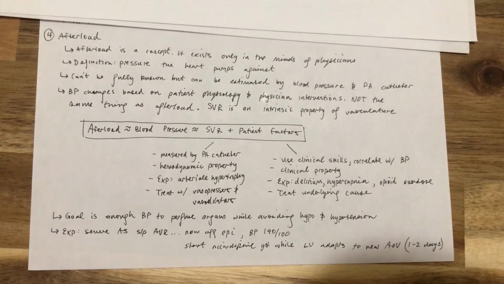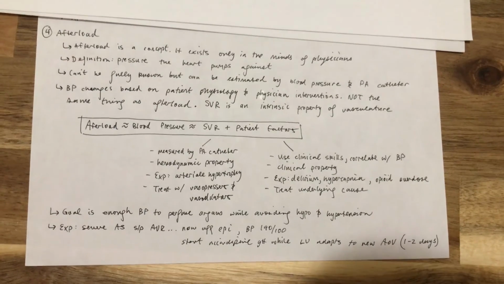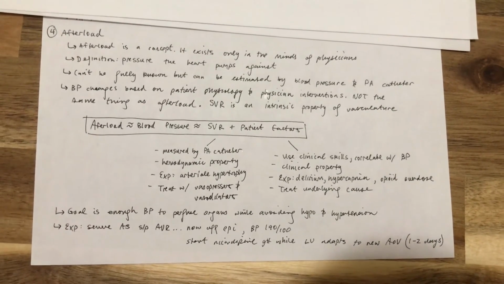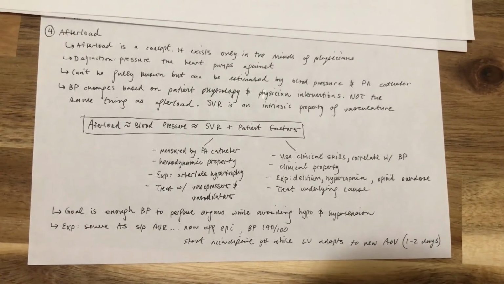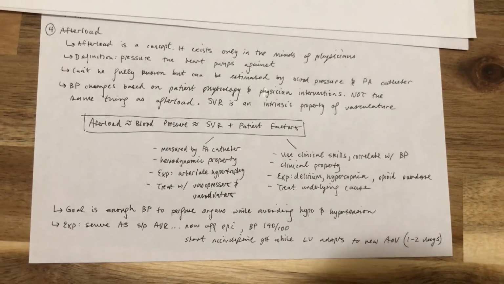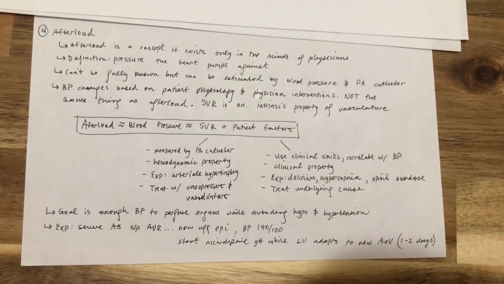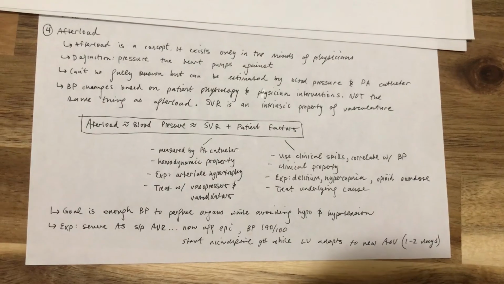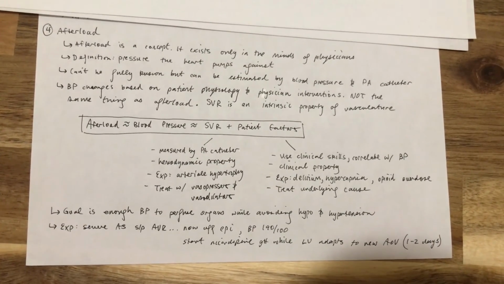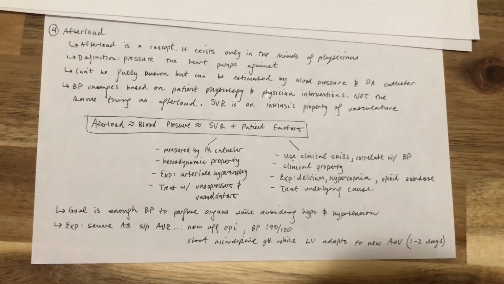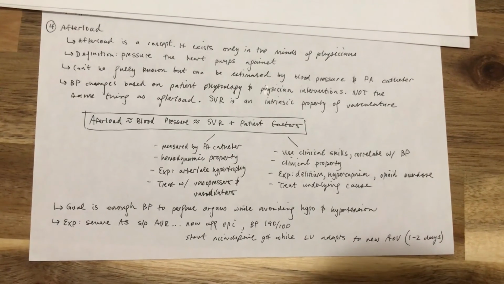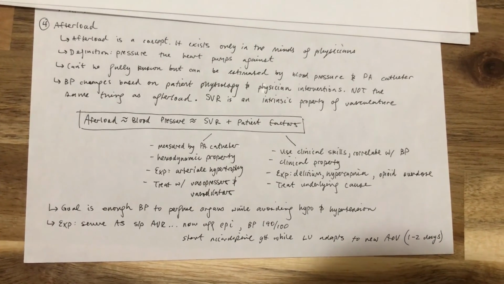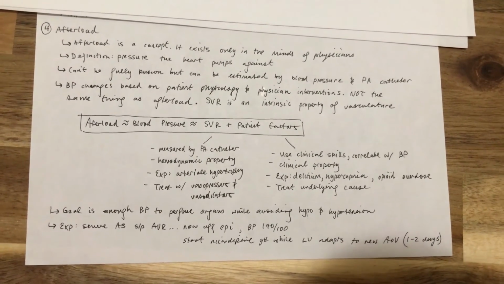And a quick example of this is we'll have that same AVR patient whose conduction system has recovered. They are volume resuscitated. They're off the epinephrine drip, and their blood pressure is still 190 over 100. In this case, let's say the patient's not agitated, they're extubated, they're not in any pain. There are no patient factors for us to deal with.